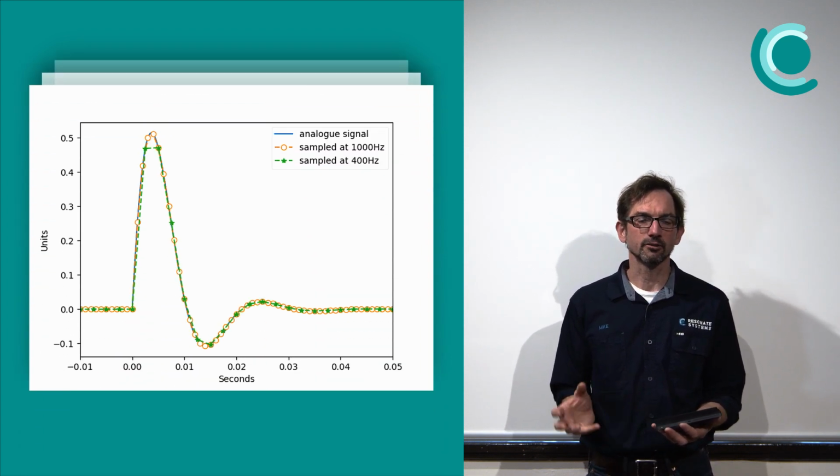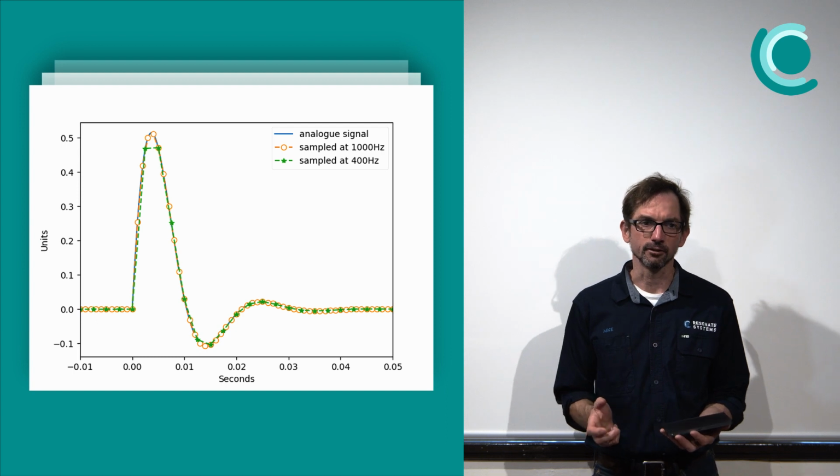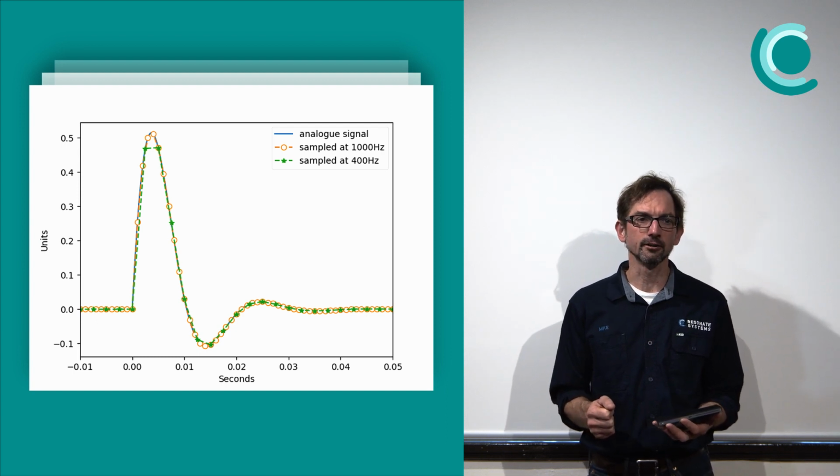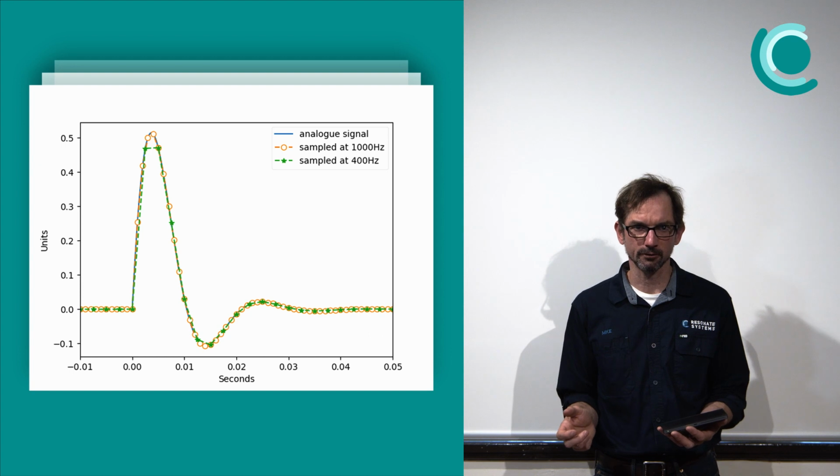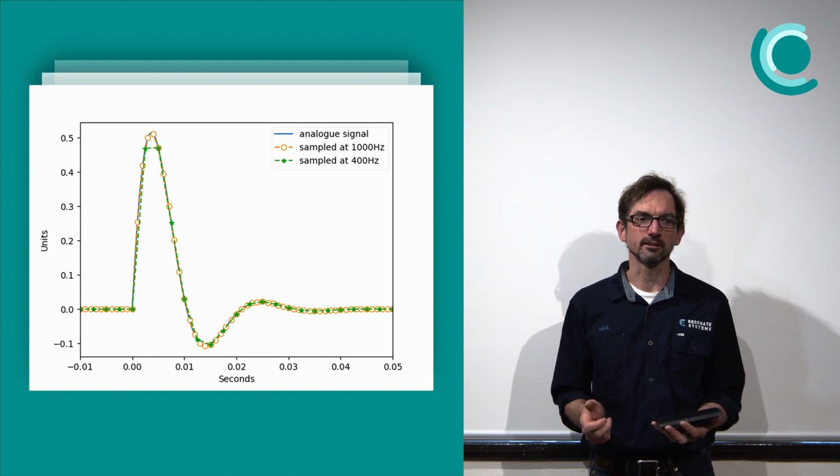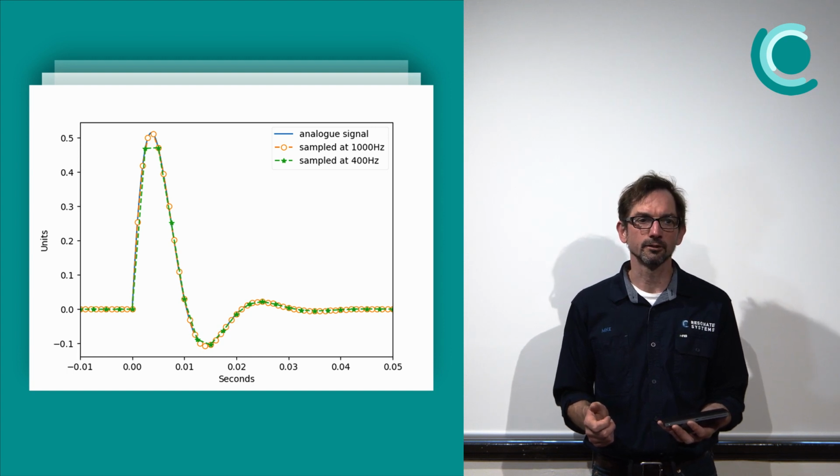So let's drop our sample rate down to say 400 Hertz. Now 400 Hertz is still 8 times the bandwidth, right? But already you can see that we've truncated the peak, and we only have 1, 2, 3, maybe 5 samples in that first peak.